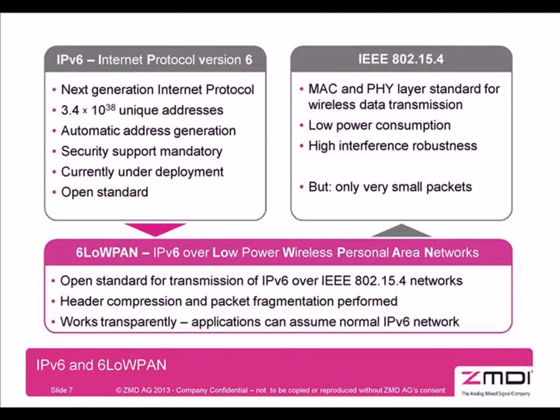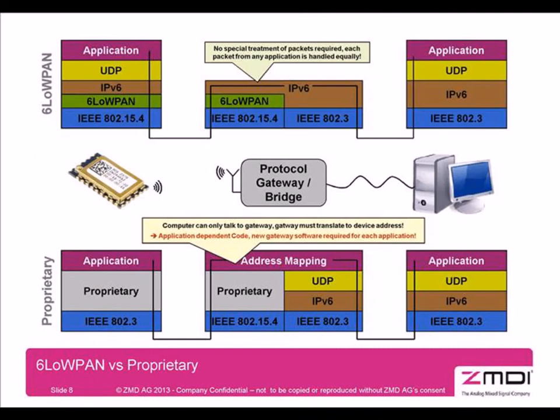So this I will show at a network stack. Here you can see a comparison between 6LoWPAN with an attached network and a proprietary solution. In the proprietary solution you have your application, and underneath you have some kind of network stack like Zigbee, and the packets are transferred over the WPAN standard.